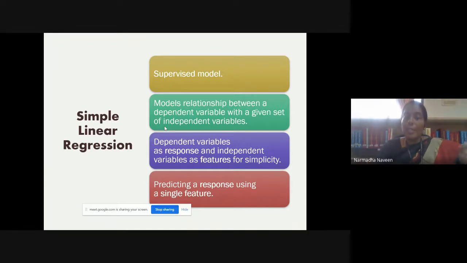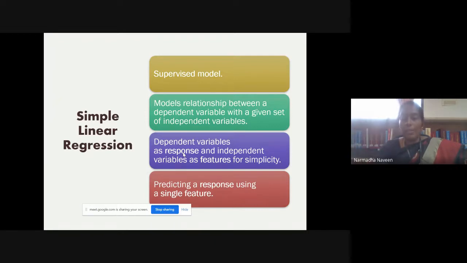Simple linear regression helps to model or assess the relationship between one independent variable and one dependent variable. So there will be only one independent variable and one dependent variable. This dependent variable can also be called the response variable, or sometimes the target, what you want to predict.